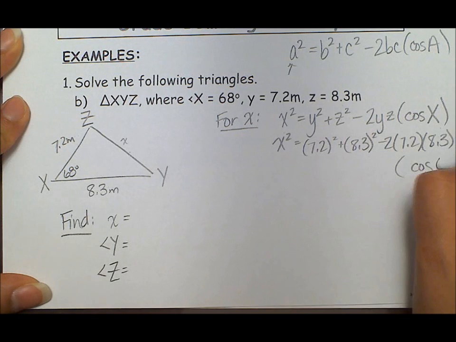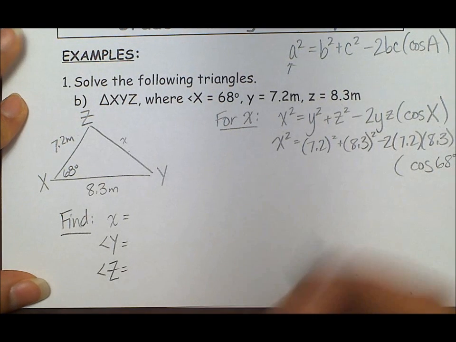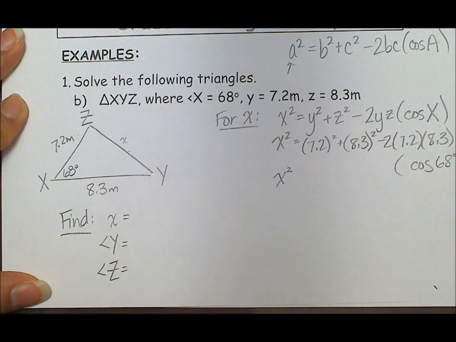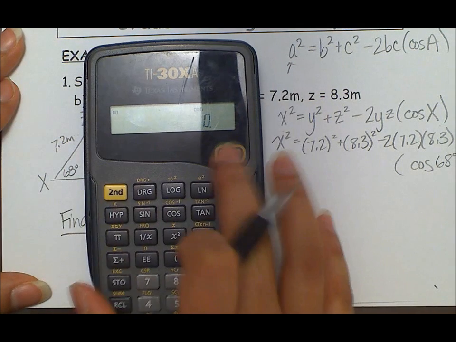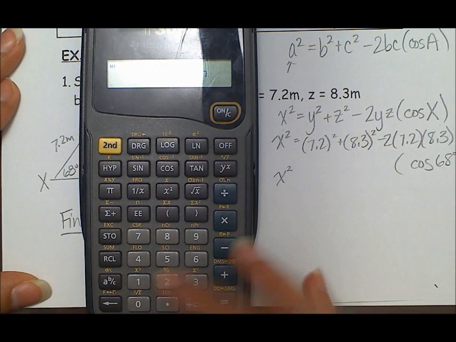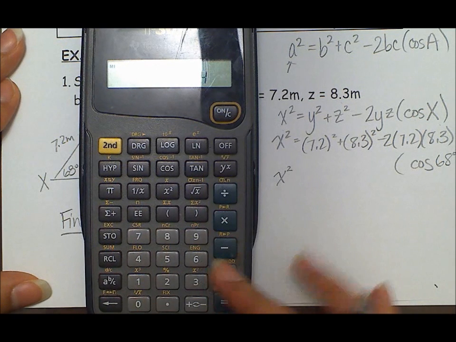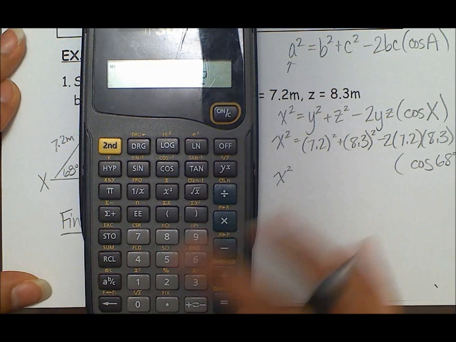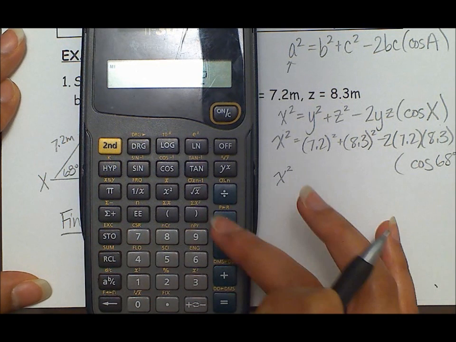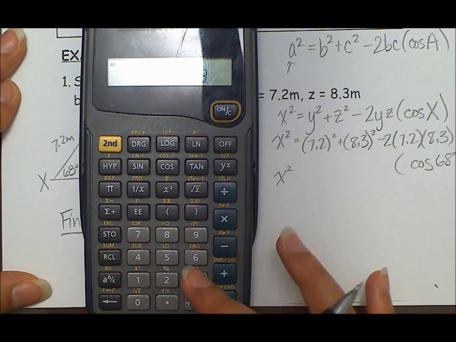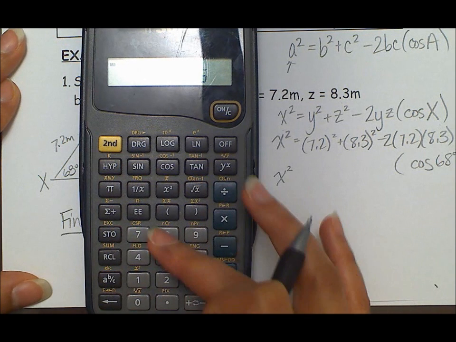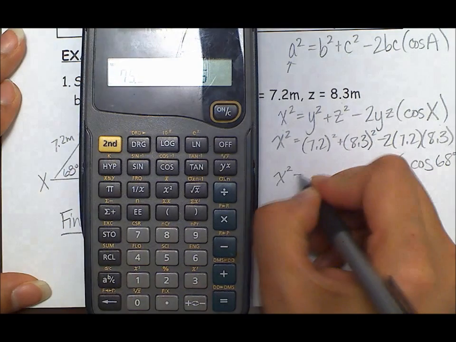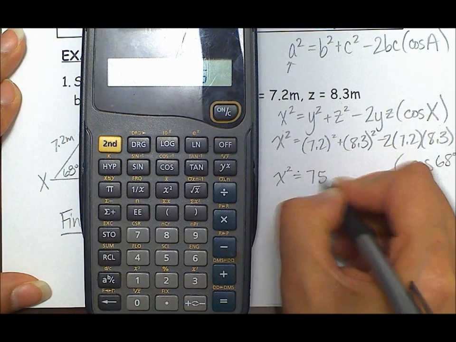And I'm going to do all of the calculations here in one step. That'll ensure that my solution is accurate. So 7.2 squared plus 8.3 squared minus 2 times 7.2 times 8.3 times the cos of 68 degrees equals, and that gives me about 75.9570.